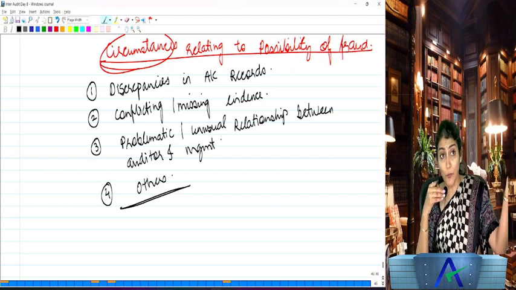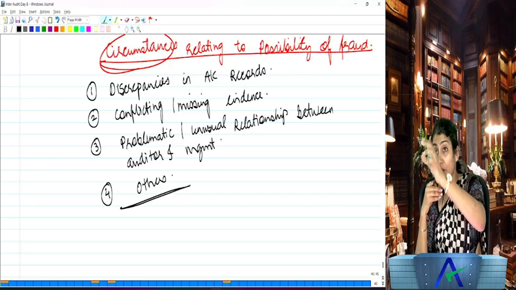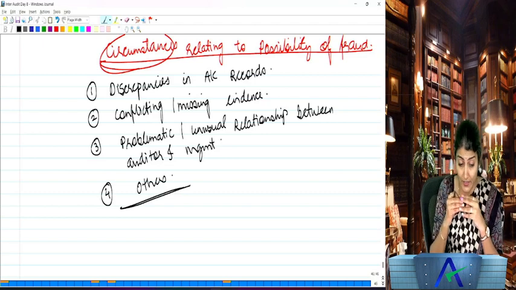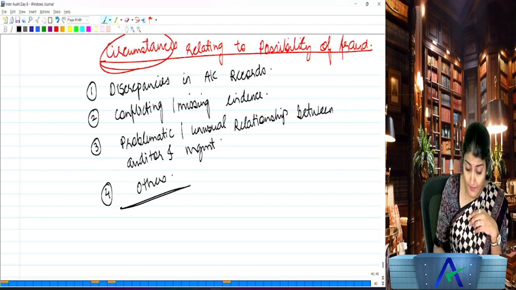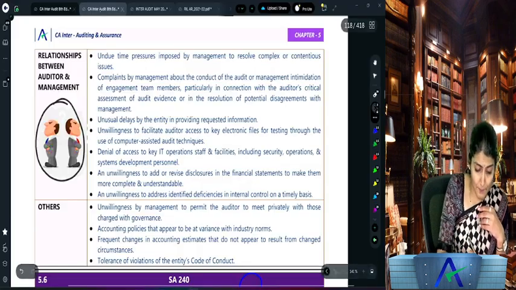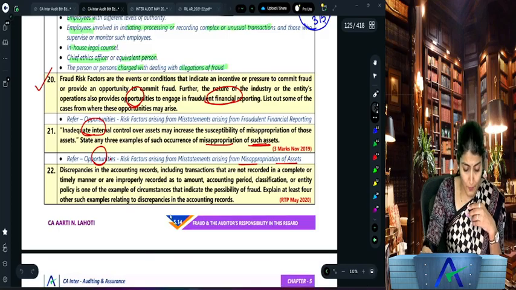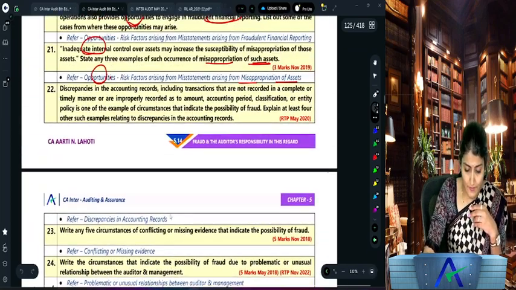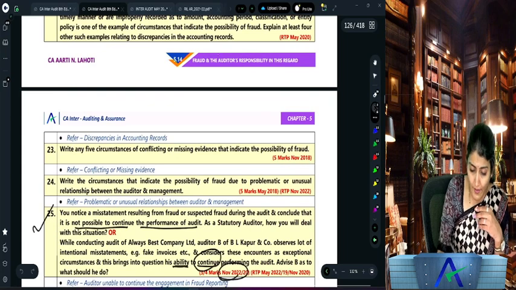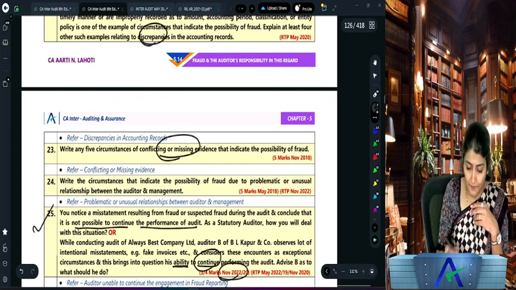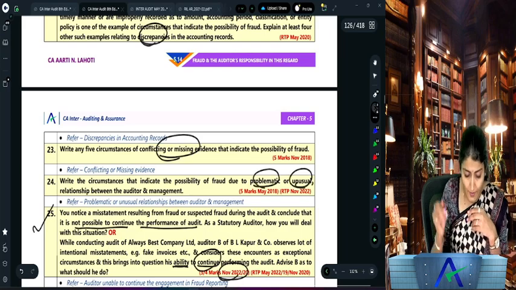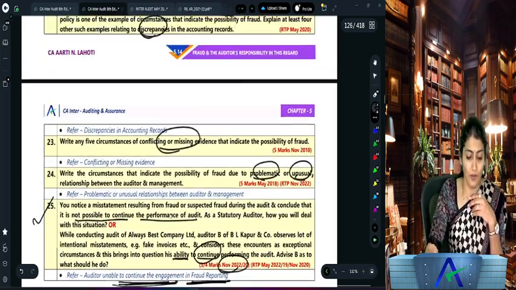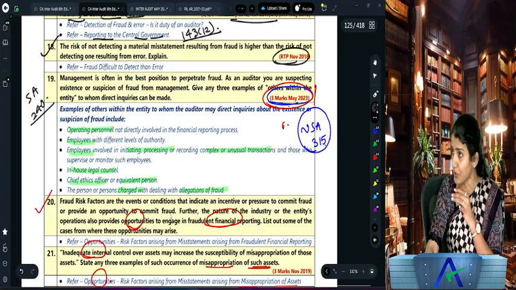Fraudulent financial reporting or misappropriation of the assets. Now, as an auditor, how will I come to know they are doing the fraud? These are the circumstances relating to the possibility of fraud: discrepancies in the accounting records, conflicting or missing evidences, and a problematic or unusual relationship between the auditor and the management. Is it clear to all of you?